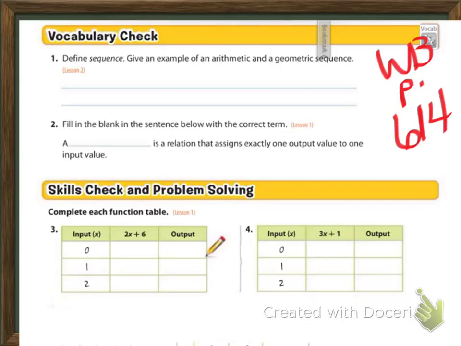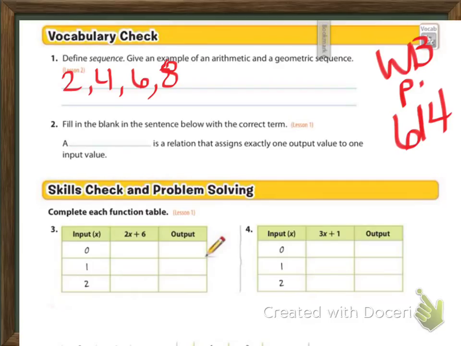Okay, if you flip back in your book to lesson 2, you will find the definition for sequence. A sequence is a list of numbers in a specific order. For example, you could have 2, 4, 6, 8. Okay?